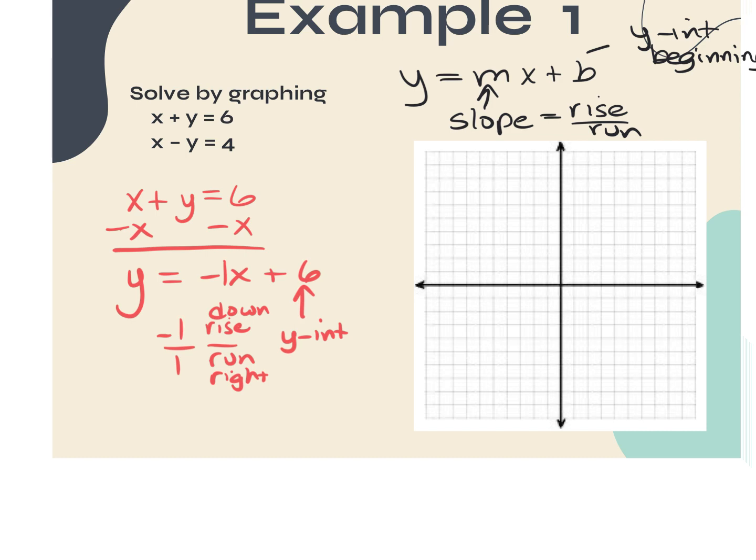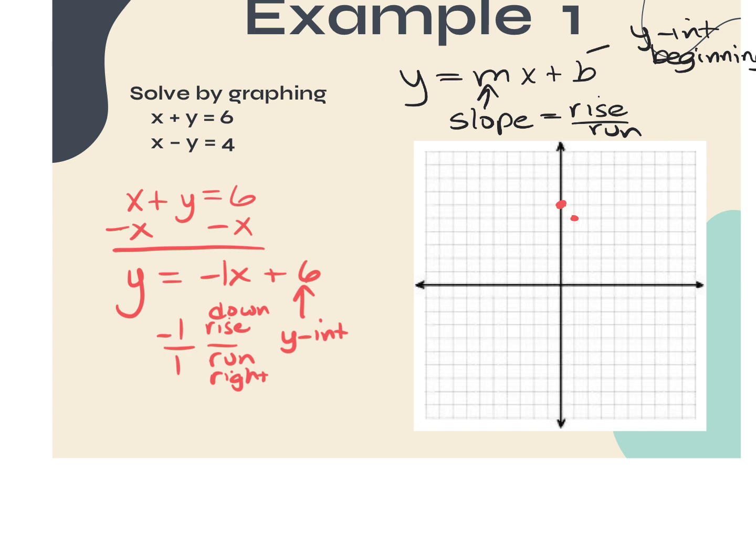So I'm going to go ahead and count. 1, 2, 3, 4, 5, 6. That is my y-intercept. From that point, I'm going to move my slope, my rise and run. I'm going to go down 1 and to the right 1, and then put my next point. You can keep repeating this rise and run to get a nice precise line.